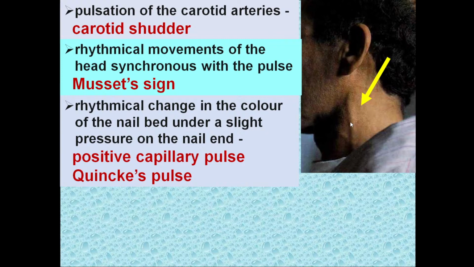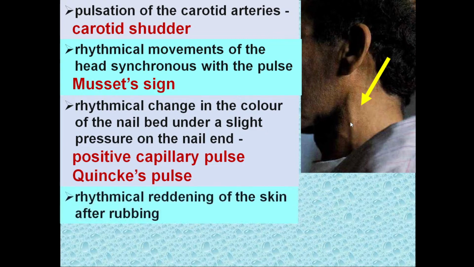Only in the patient with aortic regurgitation do we see its movement. It is again connected with circulation of blood in the greater circulation, when the vessels overfill during systolic and collapse during diastolic period. We can see rhythmical reddening of the skin after rubbing.